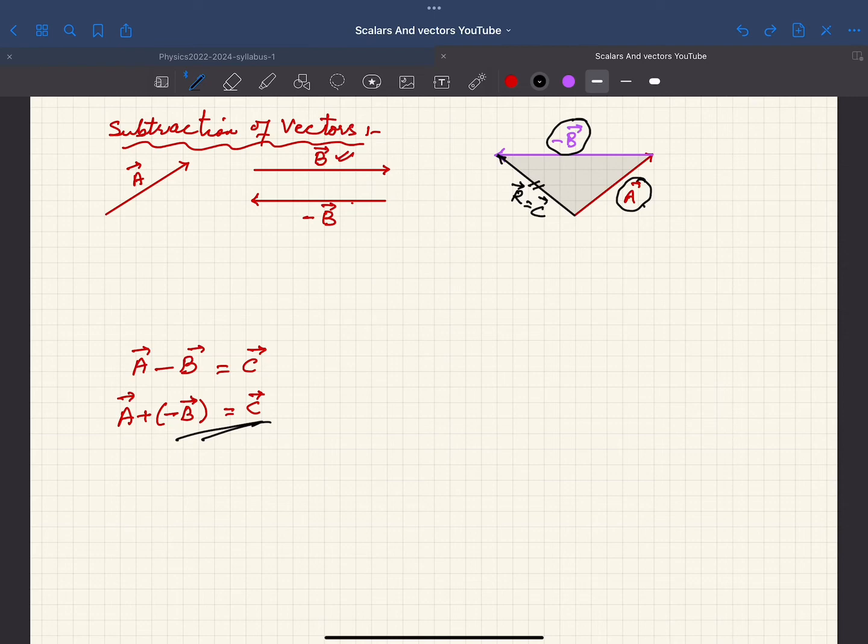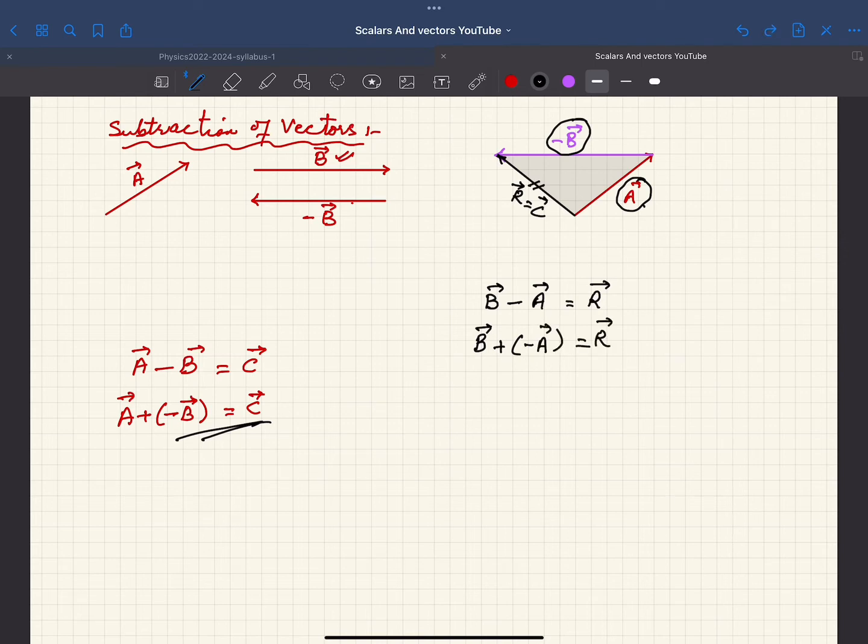Similarly, if you want to subtract vector A from B, suppose the situation is B minus vector A. In this case, what will be the resultant? Simply, we are actually adding negative A vector to our vector B, and we are getting the resultant.